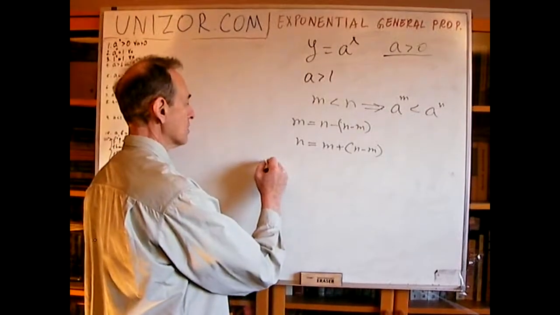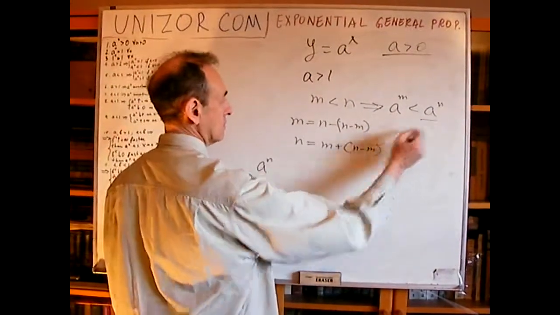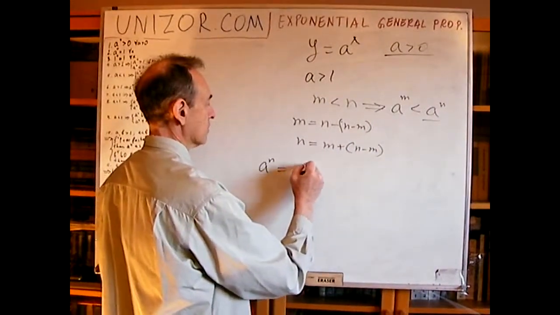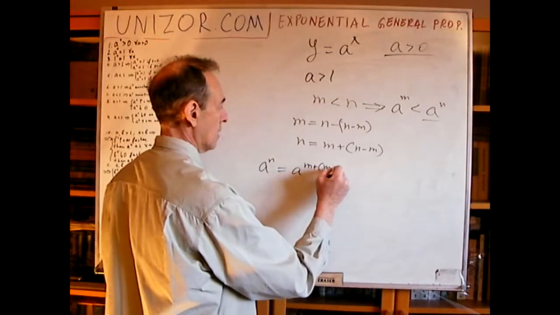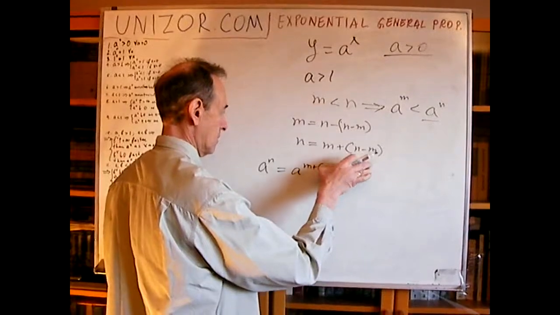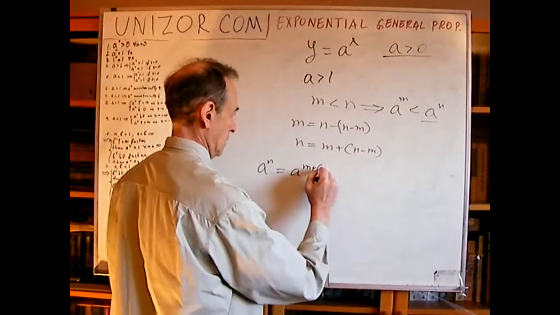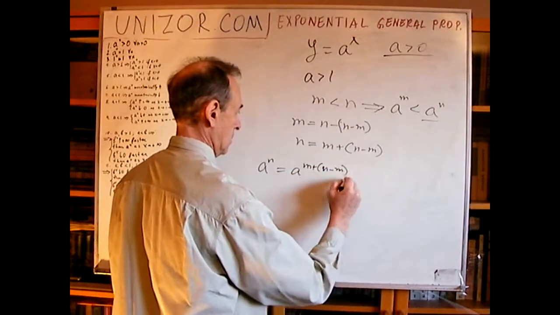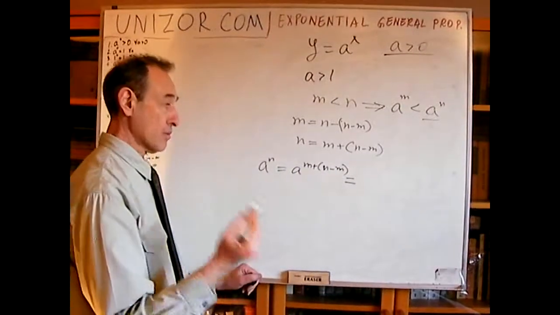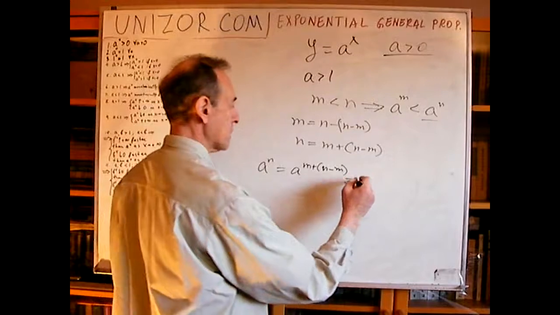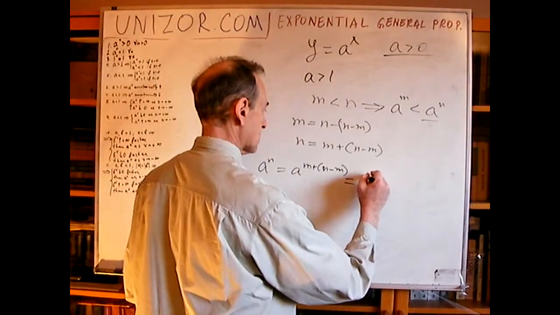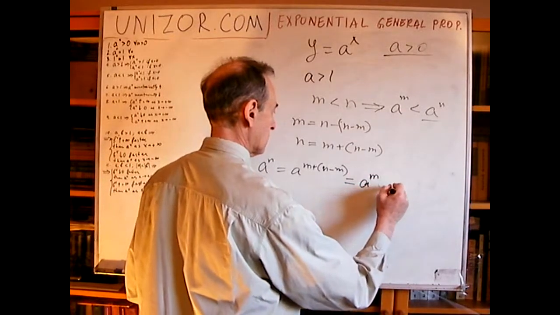Now, a to the power of n, therefore, is equal to a to the power of m plus n minus m, equals a to the power of m times a to the power of n minus m. You remember that whenever we are adding exponents, it means we can multiply exponential functions.